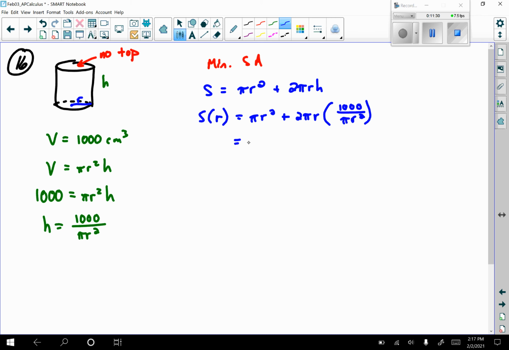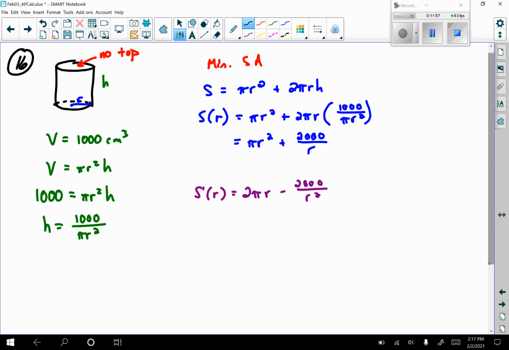Then I could simplify this, so we get pi r squared plus 2,000 over r. And then we'll find our derivative. So S prime of r is going to become 2 pi r, and again this will become a minus 2,000 over r squared, because we could think of that as 2,000 times r to the negative first.